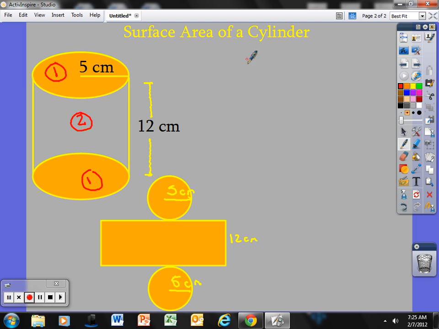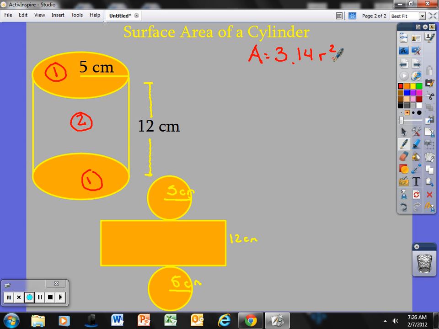First I'm going to find the area of my two circles. The area of a circle equals pi, which in class we've been using as 3.14, times radius squared. You will see some use 2 pi, doubling it because we have two circles, but I'm going to do that last.